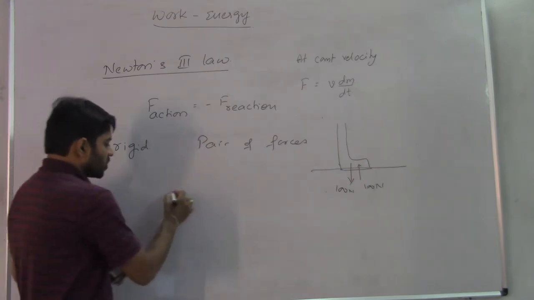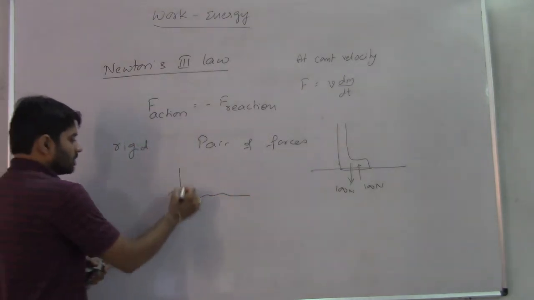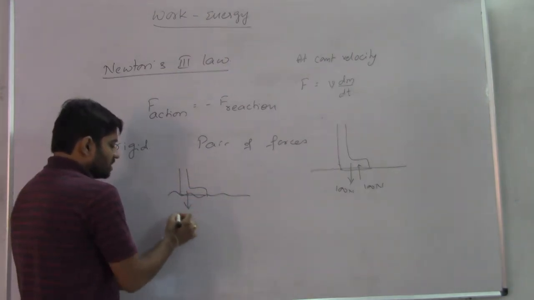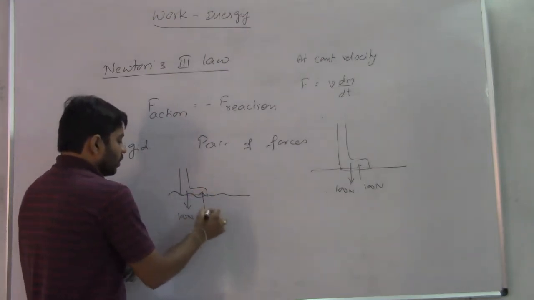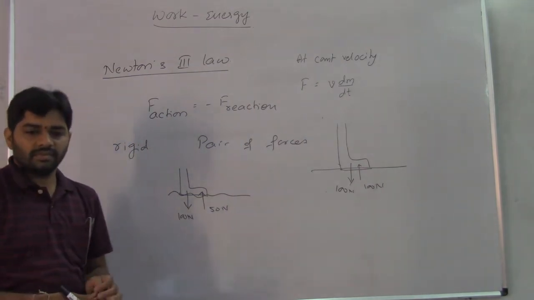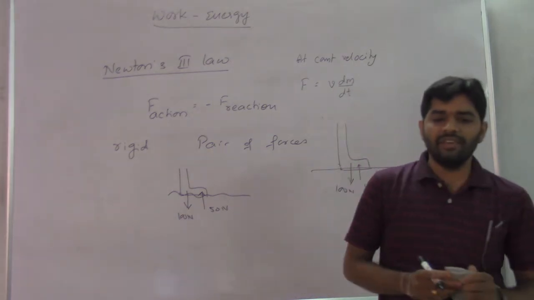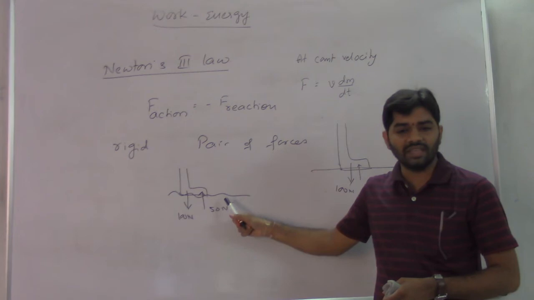Next, if it is a soil surface, a muddy surface, I am applying force here. Then what happened? I am giving a force equal to 100 newtons, but I will receive only some 50 newtons. Because it is not a rigid surface, I am receiving only 50 newtons. So it is difficult to walk on the surface of soil.